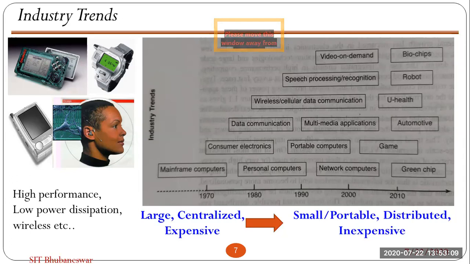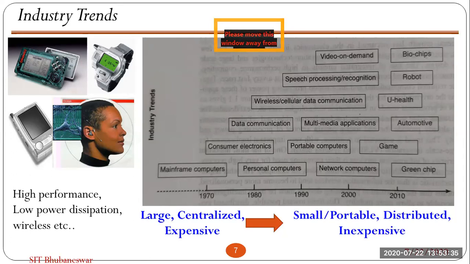Then wireless cellular data communication, mobile, 3G, 4G, 5G, all these things are coming. This is very important. Then the health sector, cashless payment, and speech processing is also one of the major things in demand.